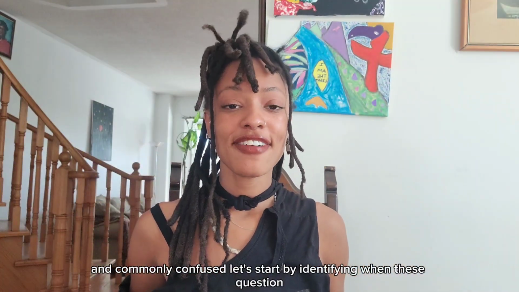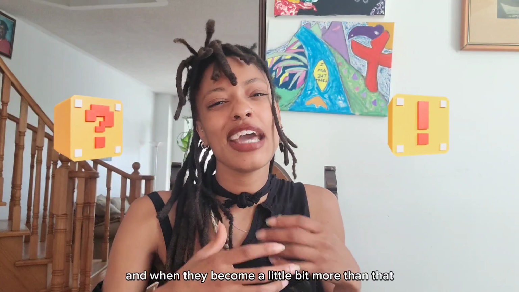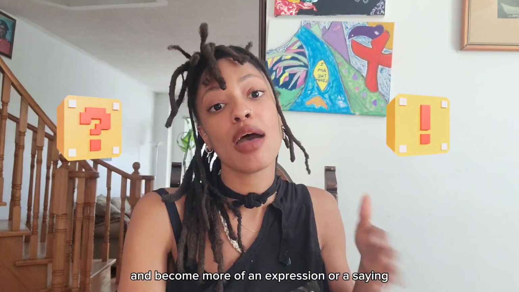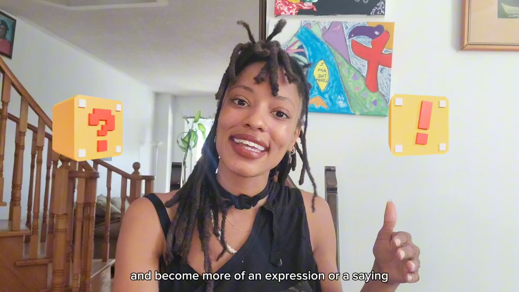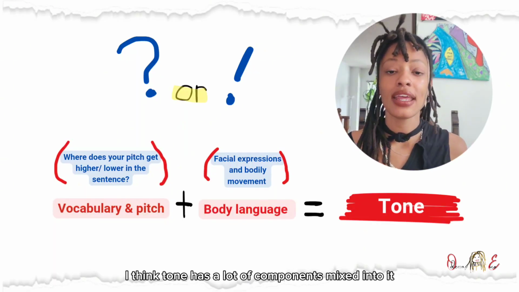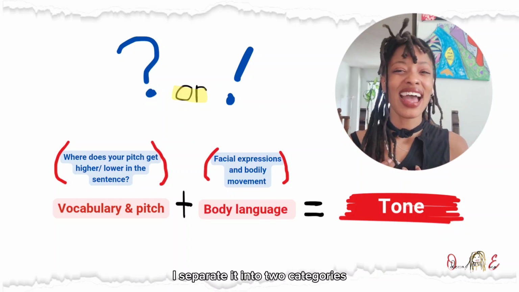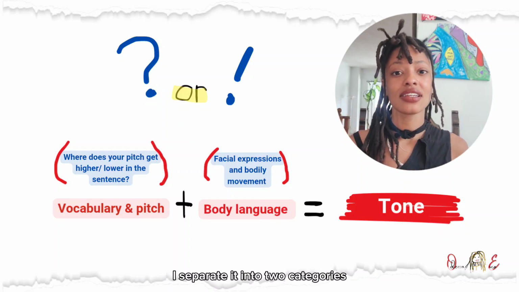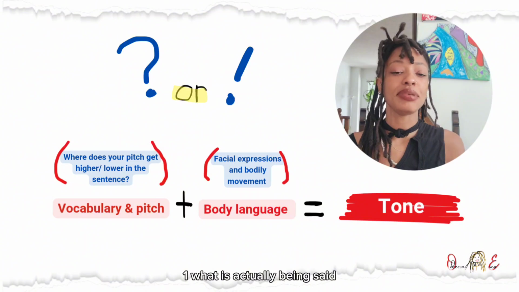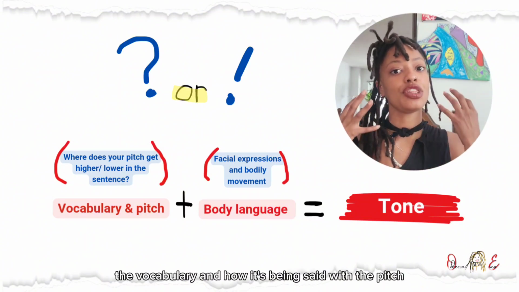Let's start by identifying when these question expressions are questions and when they become a little bit more than that and become more of an expression or a saying. I think tone has a lot of components mixed into it, but for simplicity, I separate it into two categories. One, what is actually being said, the vocabulary, and how it's being said with the pitch.